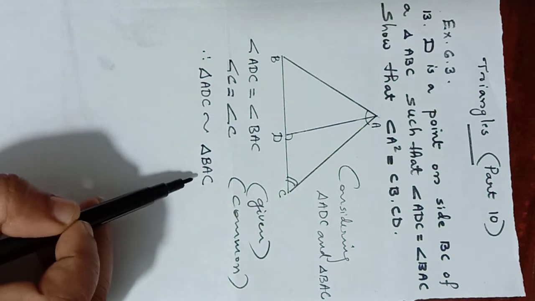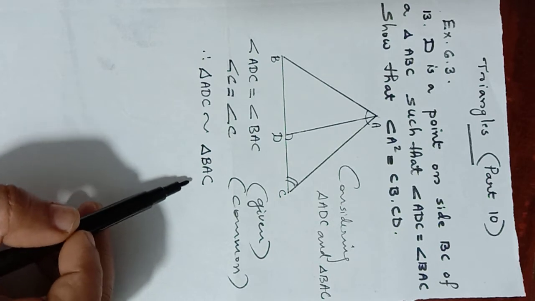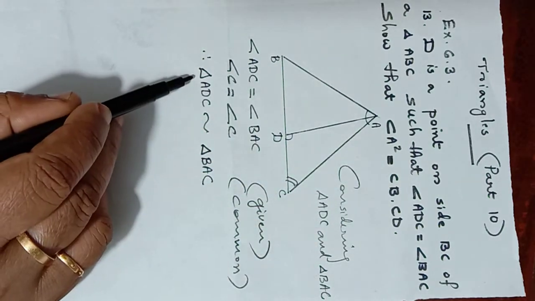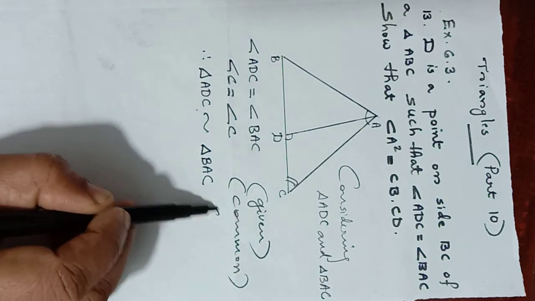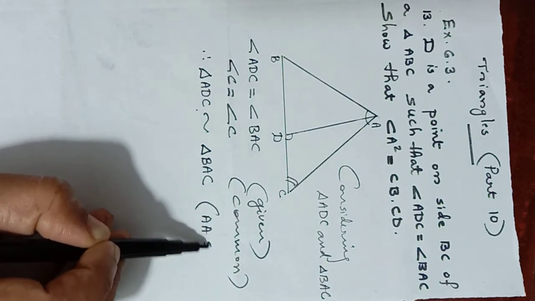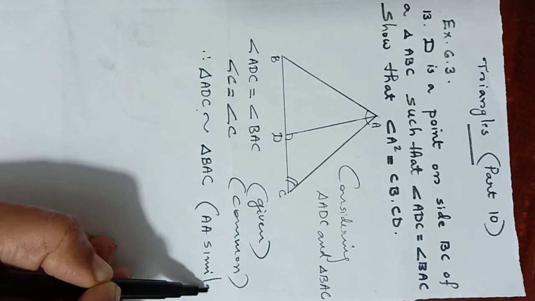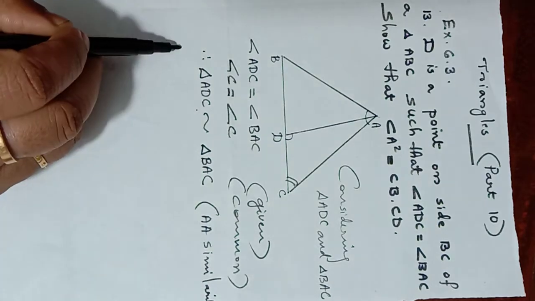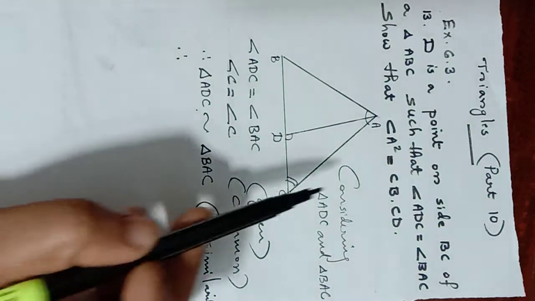So this similarity is what we need because we have to get this ratio. So for that we are taking triangle ADC similar to triangle BAC, by AA similarity. Therefore, we need this ratio.